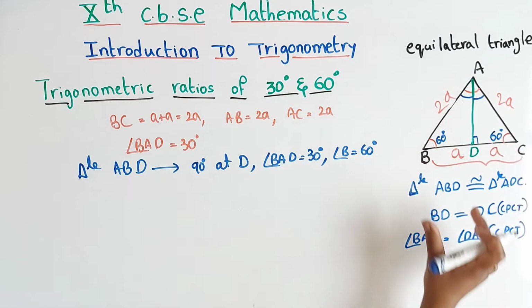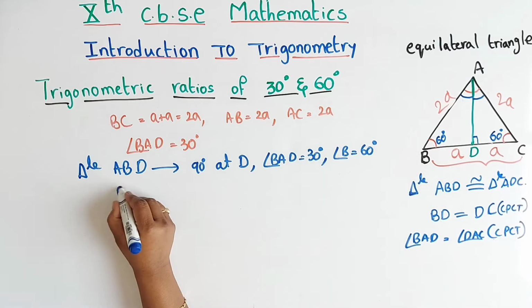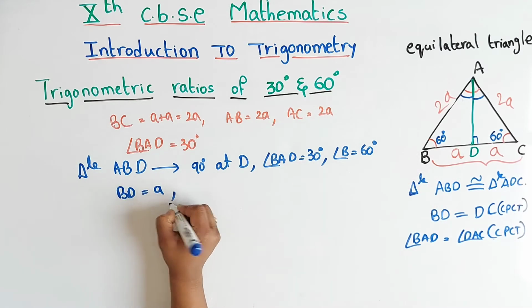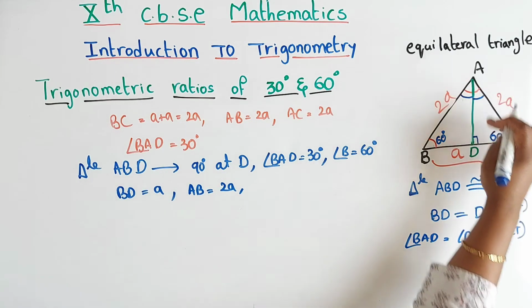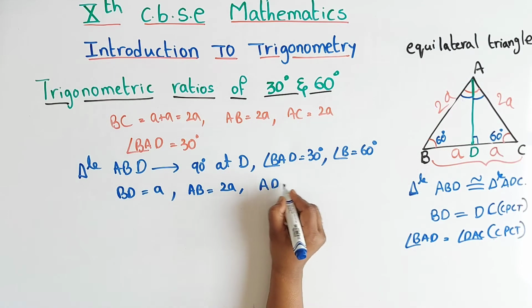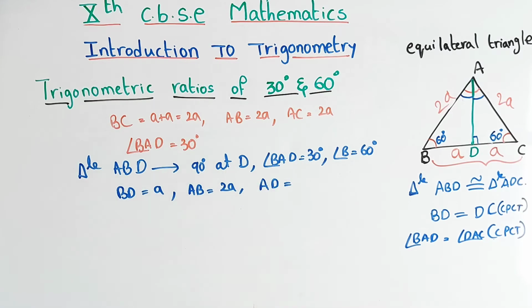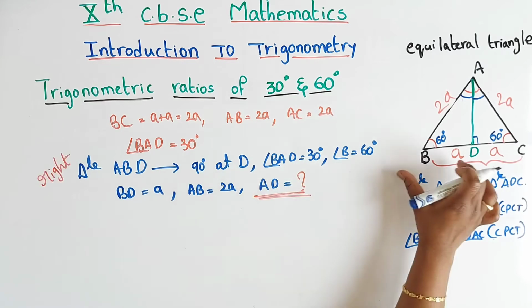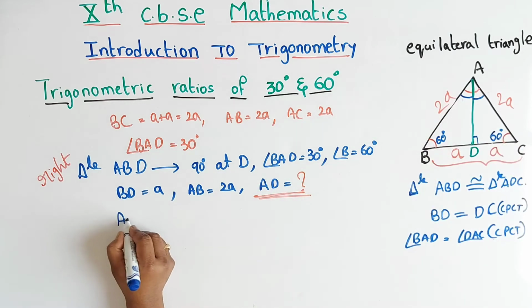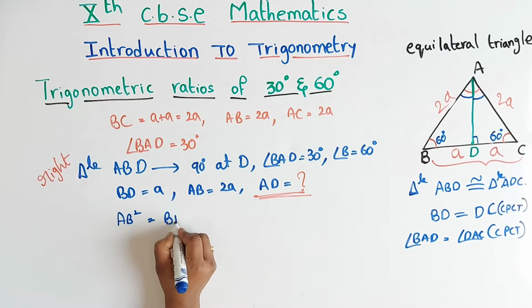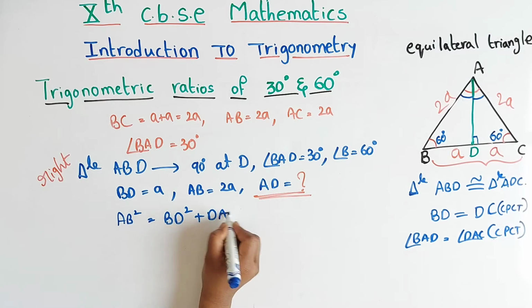Correct, children? So in this triangle we know BD value, it is A, and we know AB value, it is 2A. Now we have to find out AD value. We don't know this one. As per Pythagoras property, AB square equal to BD square plus DA square. Correct, children?